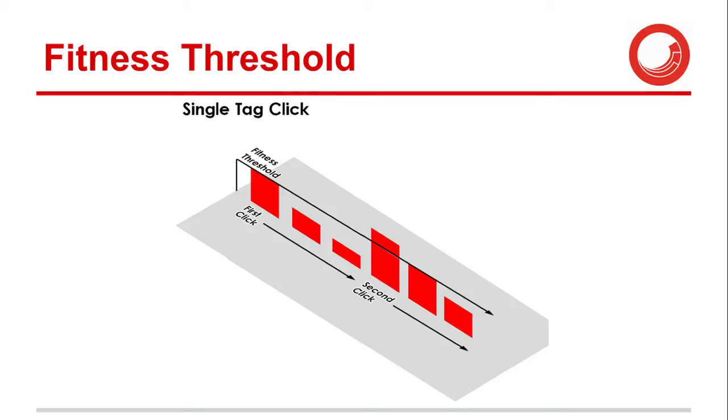Let's say you clicked on something one time, and I have a very low fitness threshold. That click value will quickly rise to that threshold, and the algorithm will kick in. If you don't click on anything, the algorithm isn't going to kick in, and it's just going to randomly give you a result. It doesn't care.